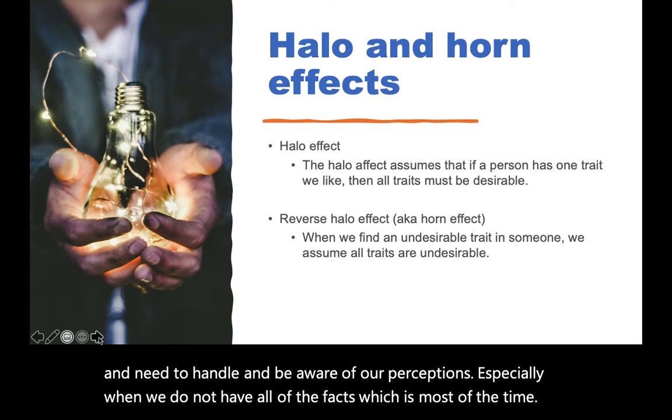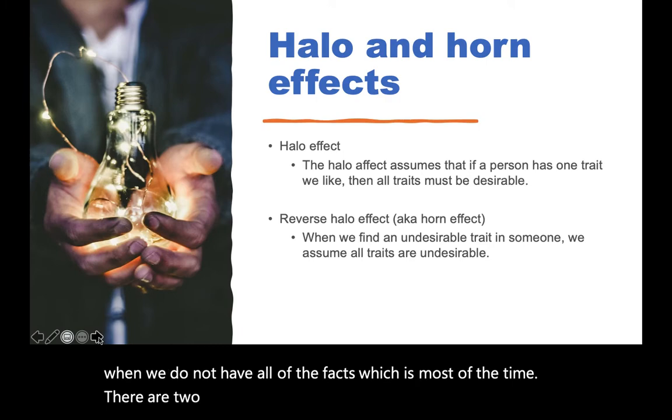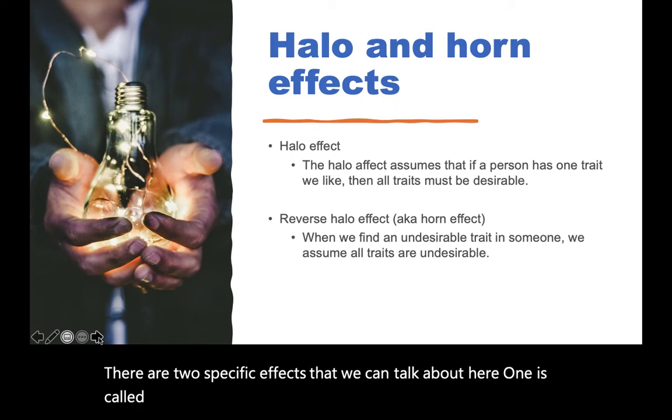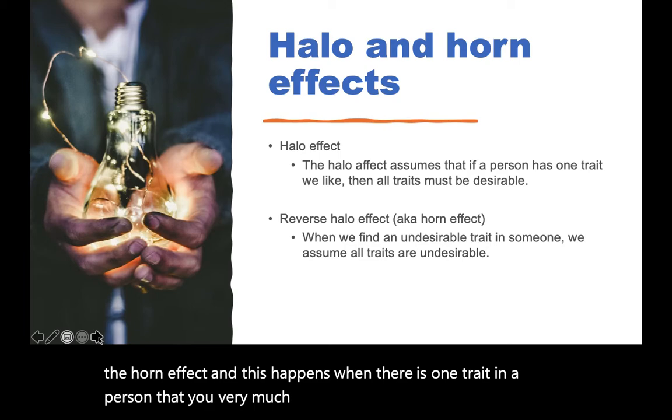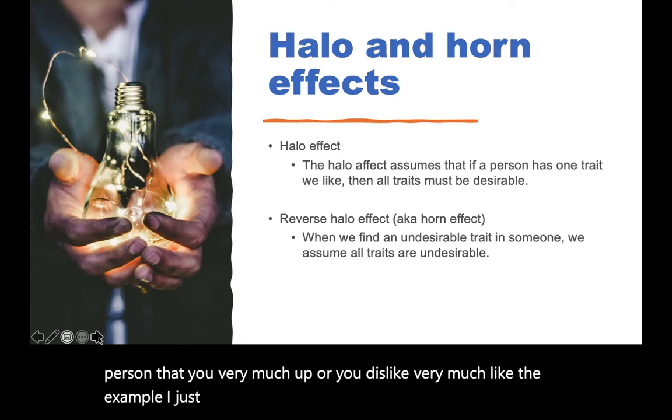There are two specific effects that we can talk about here. One is called halo, and the other one is called either the reverse halo or the horn effect. And this happens when there is one trait in a person that you very much like, or you dislike very much, like the example I just gave with this person being late. Oh my goodness, this person is always late.